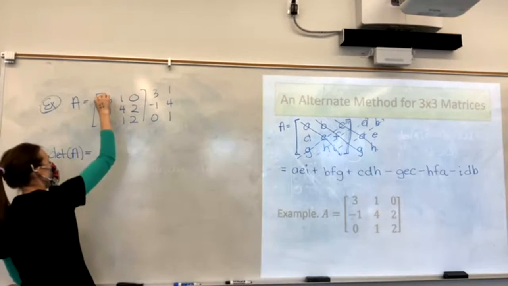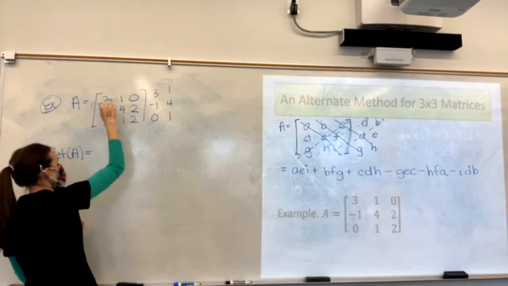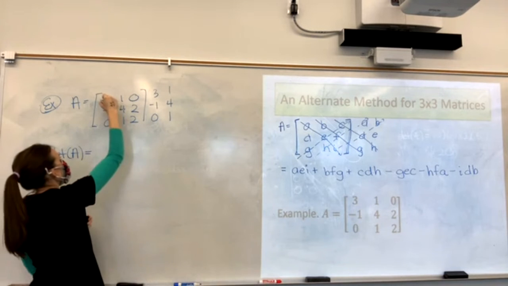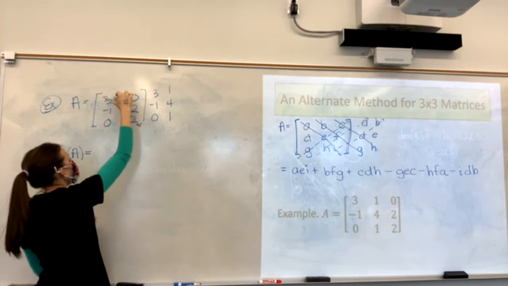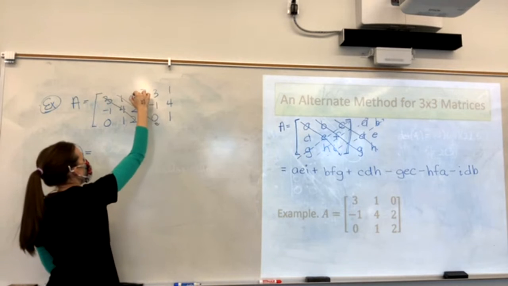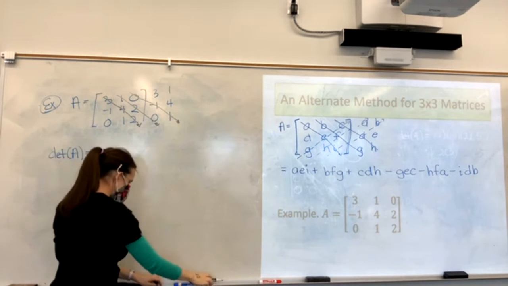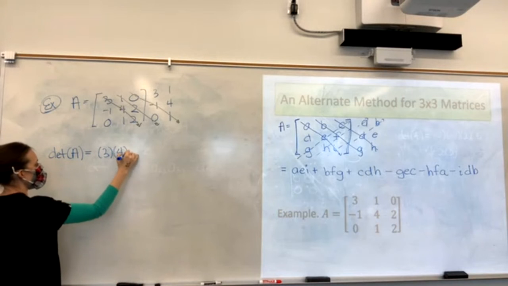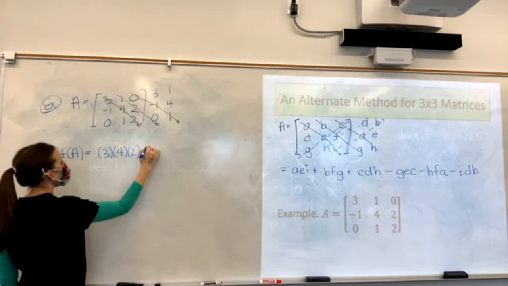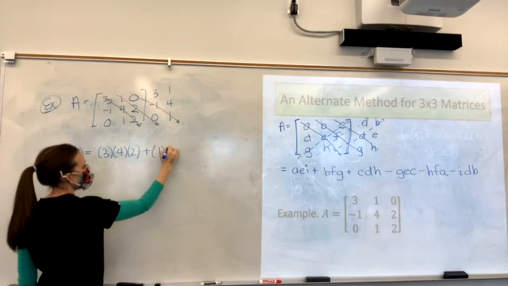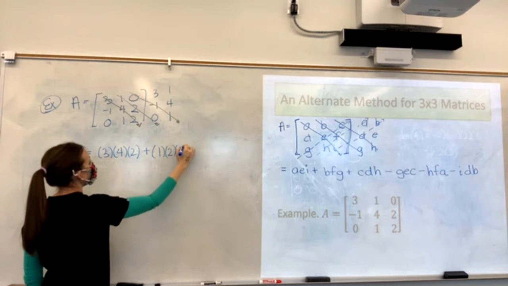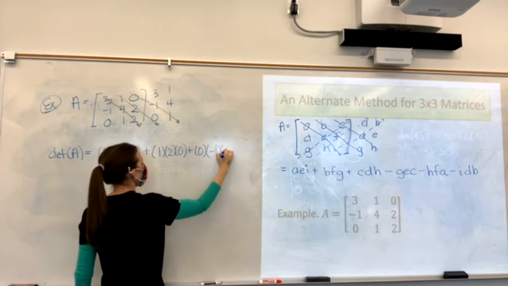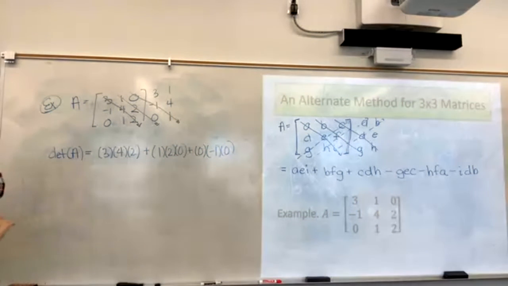So we multiply down the main diagonals. So 3, 4, 2 plus 1, 2, 0 plus 0, -1, 0.